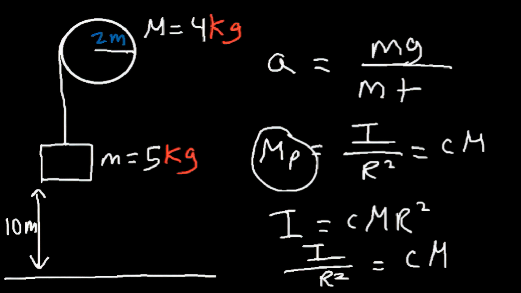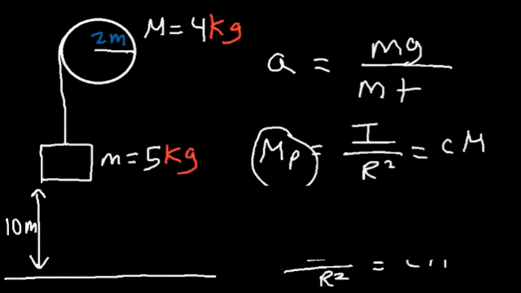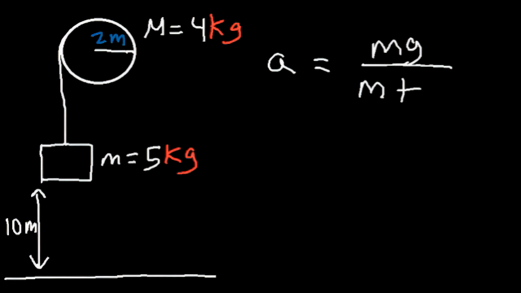For example, the inertia of a disk is 1/2 mr squared. So in this case, c is a half. So what I would do is represent the inertial mass as being I over r squared, and then simply plug in whatever the inertia is for that object.